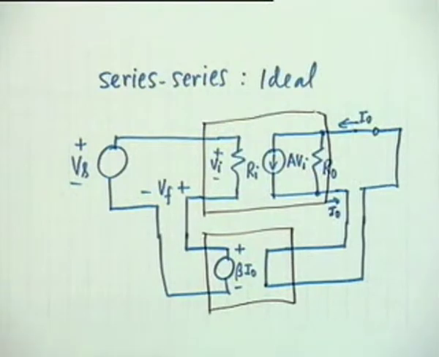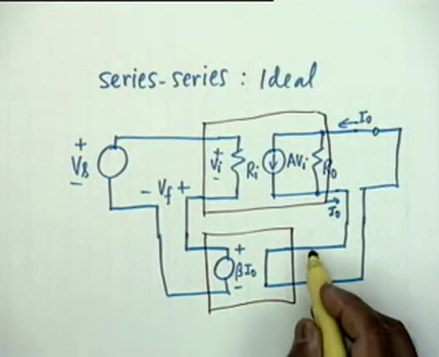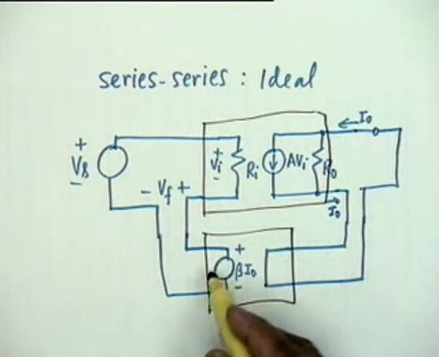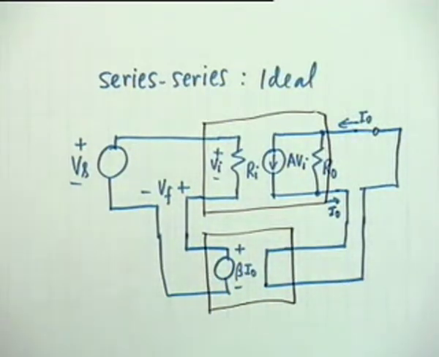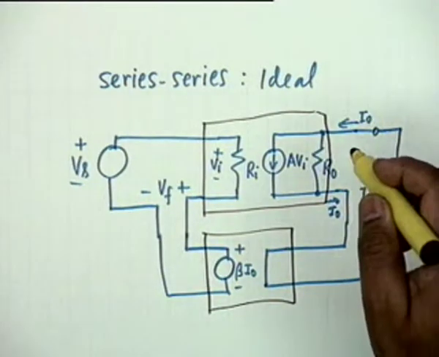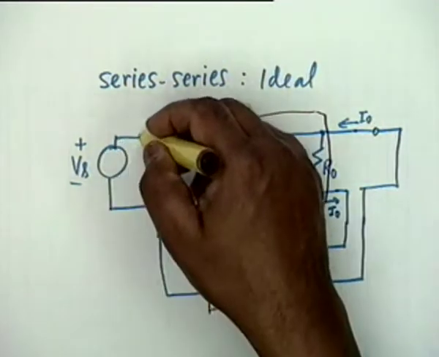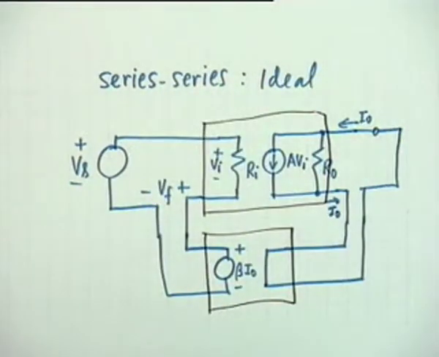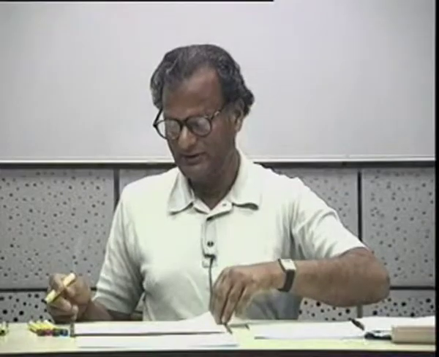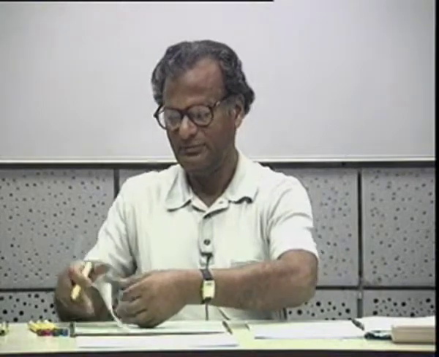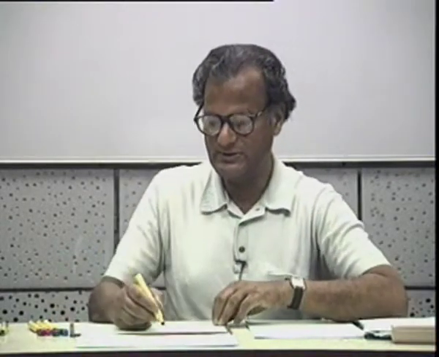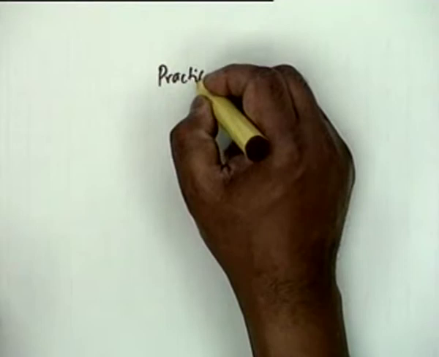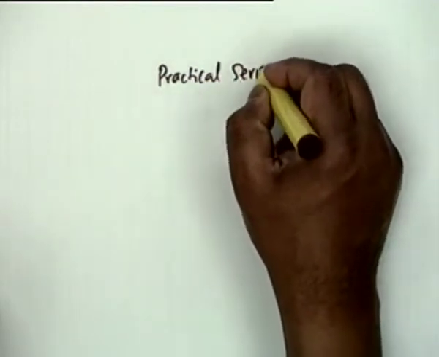How does it differ from the practical situation? In the practical situation, this is no longer a current controlled voltage source, it is a passive network, and the source has an impedance Rs, the load has an impedance RL. Let me draw the practical network, the practical series, then we shall be able to simplify.